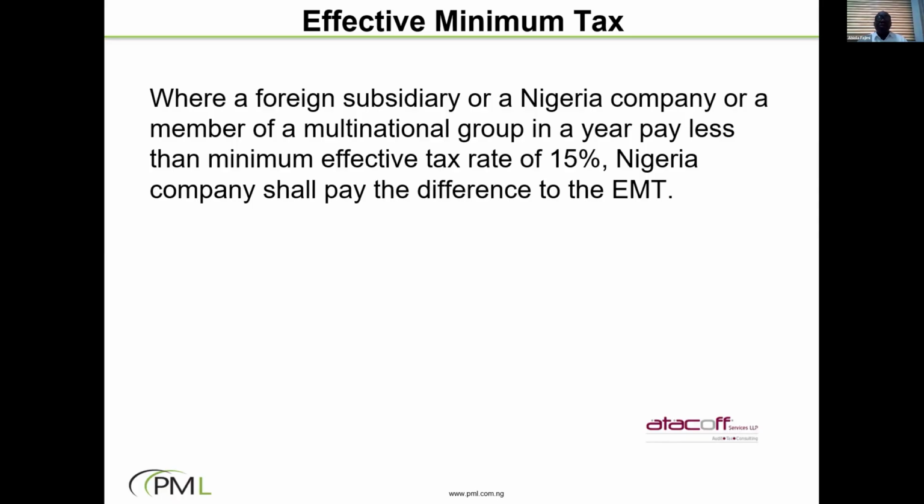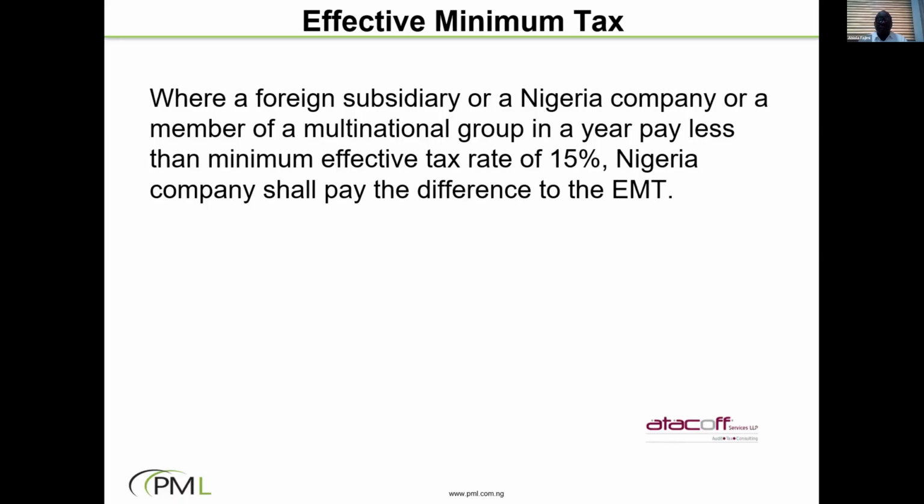If at the end of the day, your effective tax rate is less than 15%, what is your effective tax rate? Your effective tax rate is your tax payment over your profits, your CIT and your development levy over your profit. If it's less than 15%, then you need to pay additional tax to bring it to 15%.